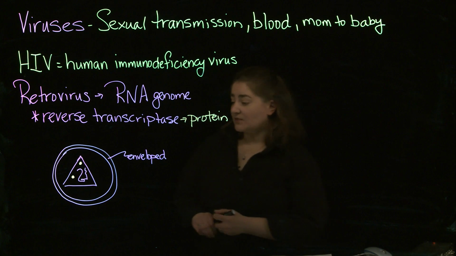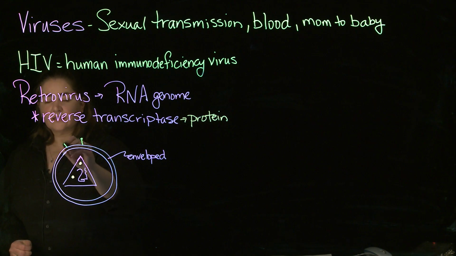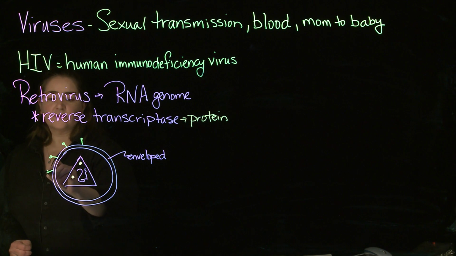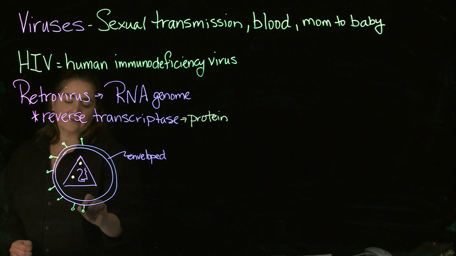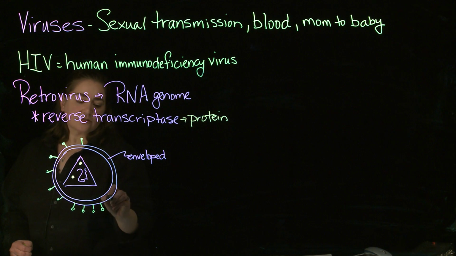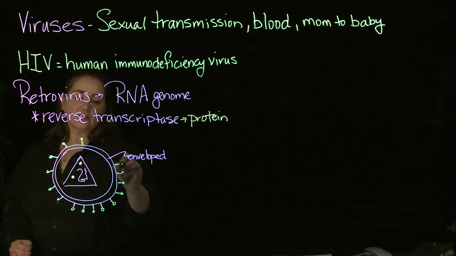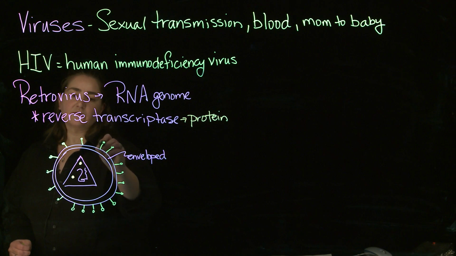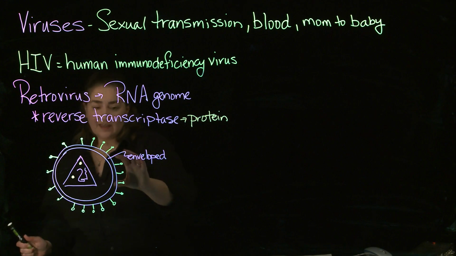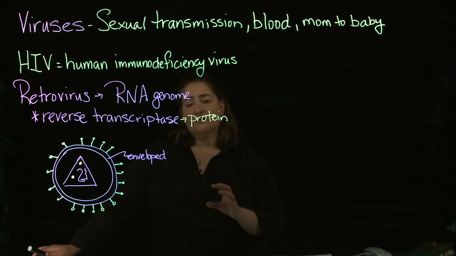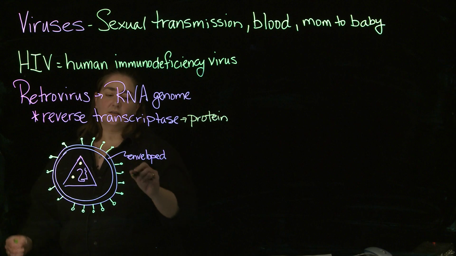The envelope there is going to come from the host cell. And then we're again going to have spikes that come off of the virus. And these are going to be what are recognized in the host, in this case our eukaryotic cell, all right? And specifically, that spike on the outside of the HIV virus is going to be recognized by immune cells.